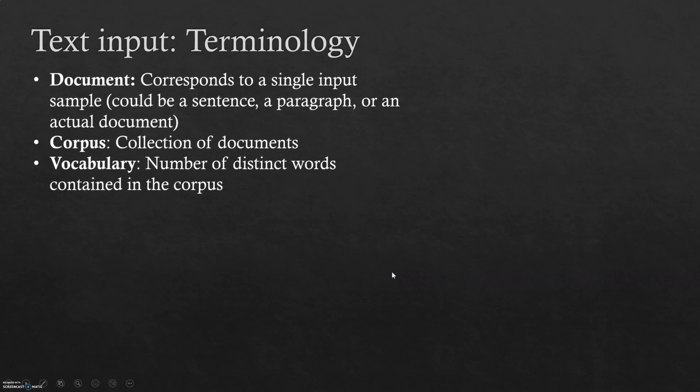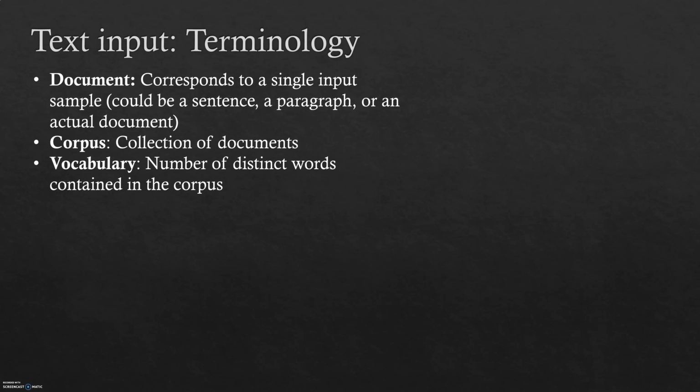Before we go through the details of the conversion that I just showed, we need to understand some of the terminology in NLP, such as document, corpus, and vocabulary. A document can be an ambiguous term, but basically it is just a single input sample.